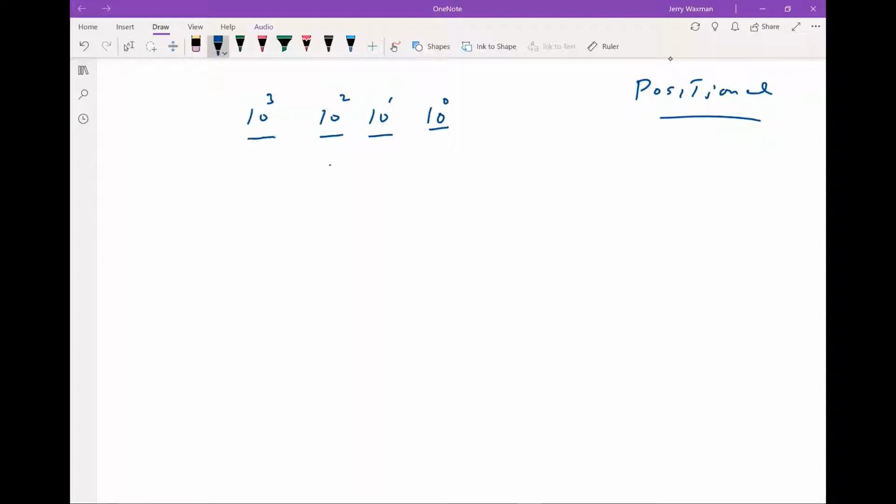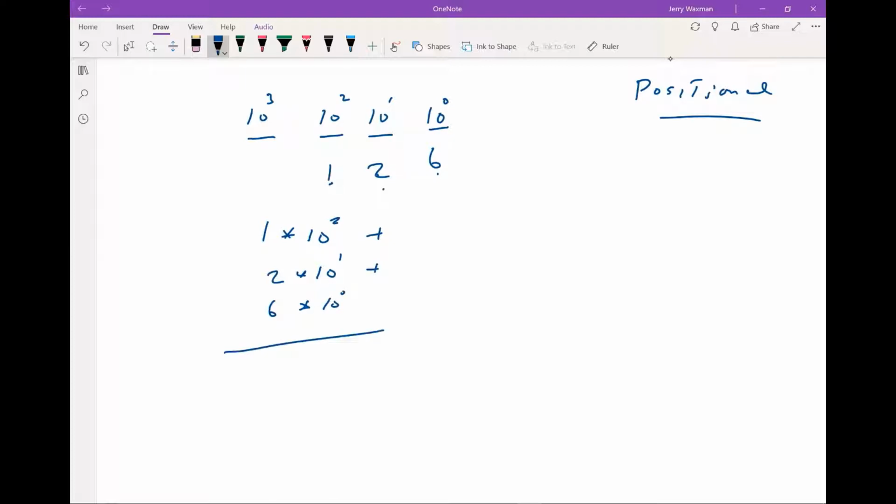So when I write 126, the reason it's 126 is because it's one of these, 2 of those, and 6 of them. So it's really 1 times 10 squared plus 2 times 10 to the 1 plus 6 times 10 to the 0.